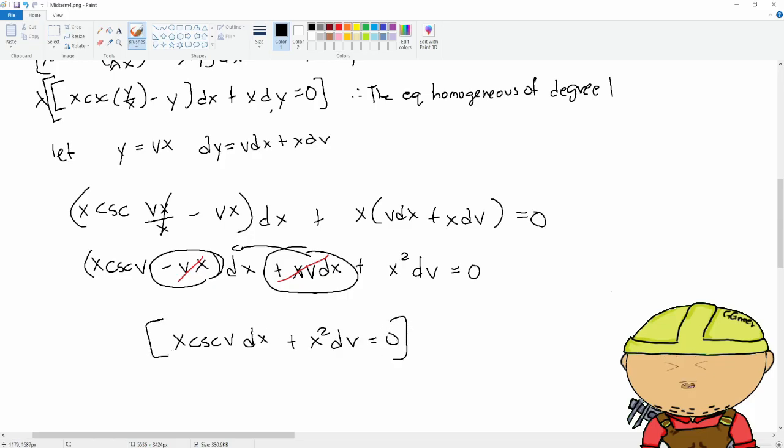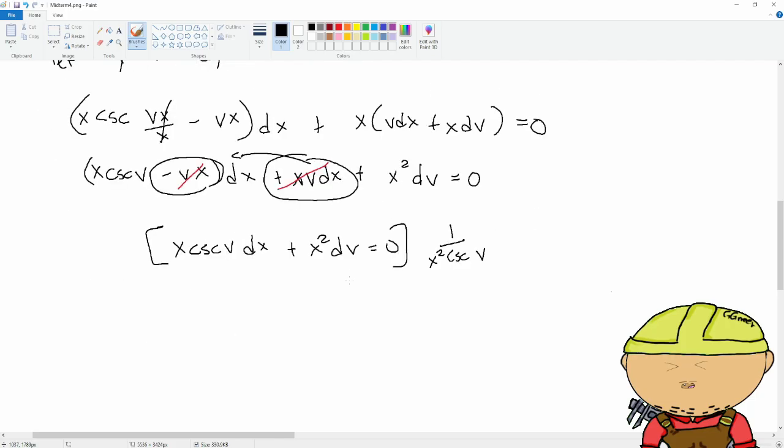Divide both sides by x squared cosecant v. Our derivative of x has a cosecant v. Our derivative of v has an x squared. So we divide those. We combine like variables with their own derivative. So this becomes dx over x plus sine v dv.